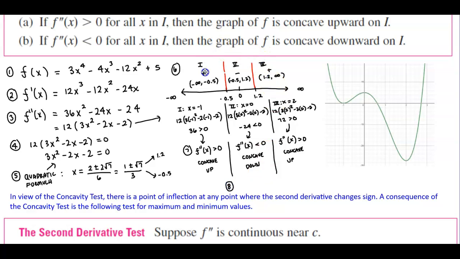Well, we can see here from region 1 to region 2, we go from positive to negative, and that point is the inflection point, negative 0.5. Okay, and then if you look here from region 2 to region 3, again, the sign changes from negative to positive. That's where the sign changes. So the other inflection point is 1.2.